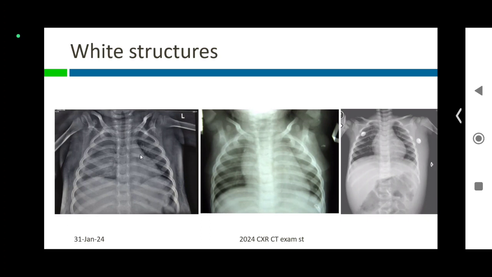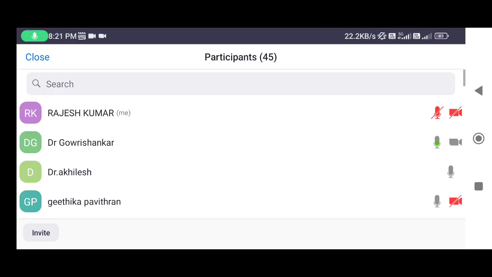Okay, sir. Subcutaneous right hand side, compared to left, right side looks something big, sir. Very good. This is not the way in which the subcutaneous tissue normally looks. If you have a widening of the subcutaneous tissue, it's nothing but subcutaneous edema.